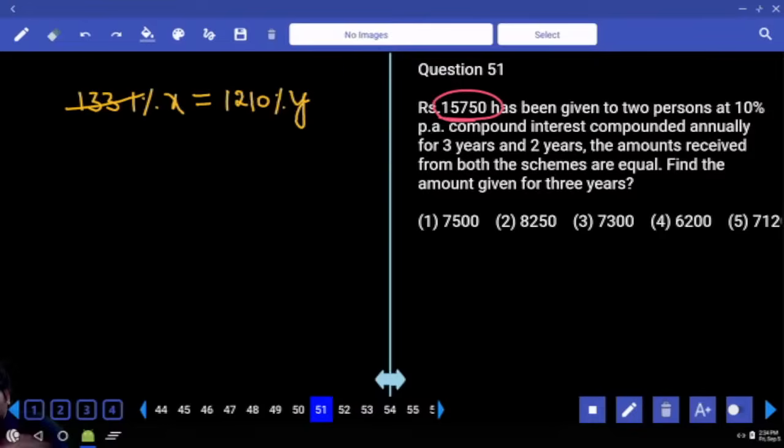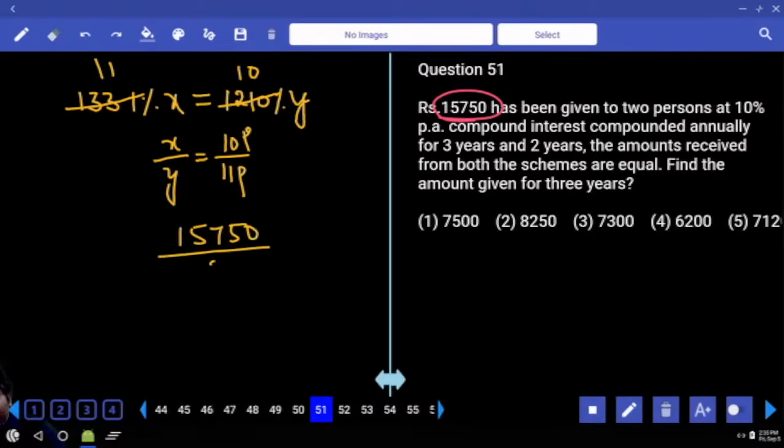Already 11 square we have. 11 square cancellation. 11 times here, 10 times here. From this, X by Y is equal to 10 by 11. Ratio is 10:11. X is equal to 10 parts, Y is equal to 11 parts. Total is equal to 21 parts.